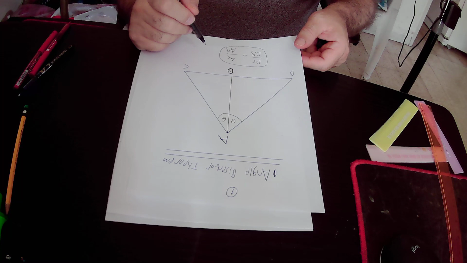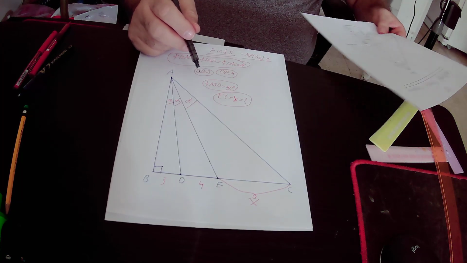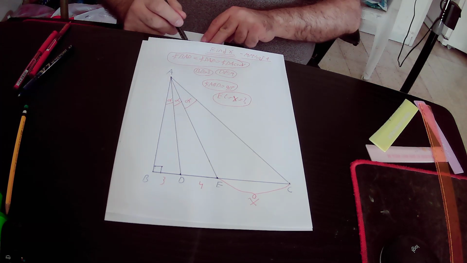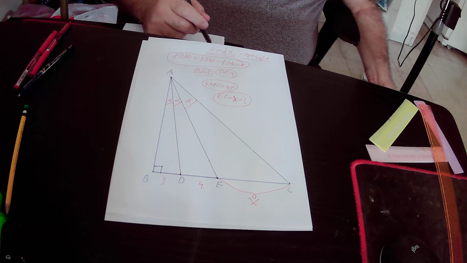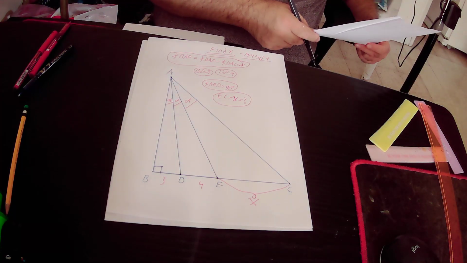So we can apply the angle bisector theorem in our drawing, because we will focus on the right triangle, triangle ABE.